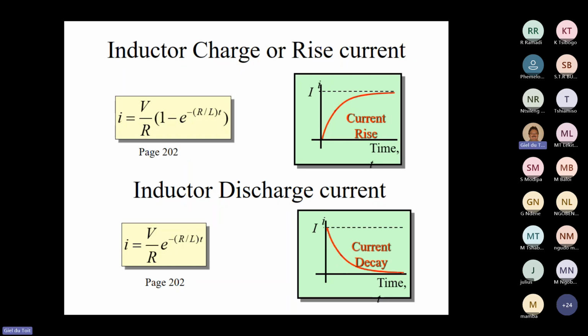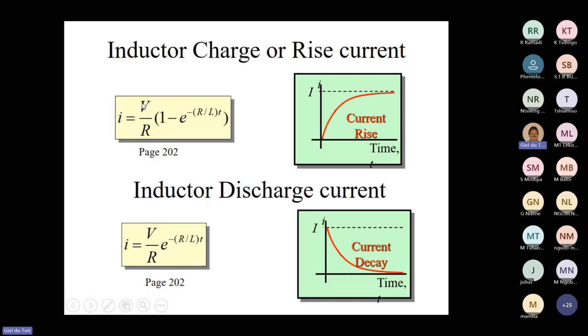To charge up the current in this inductor, I can use this formula here on the left. So current equals the final voltage, or the final current basically, divided by the resistance. So if I have a 10 volt battery and a 10 ohm resistor, it's 10 over 10. That gives you an example.